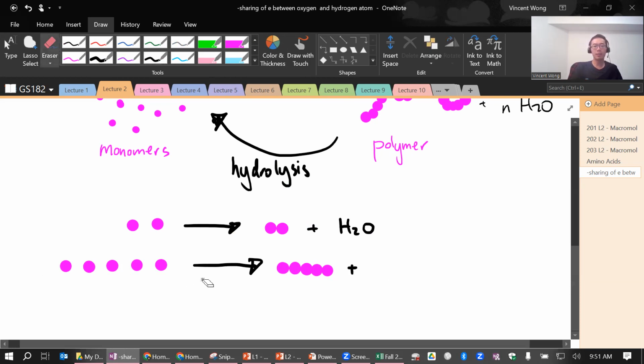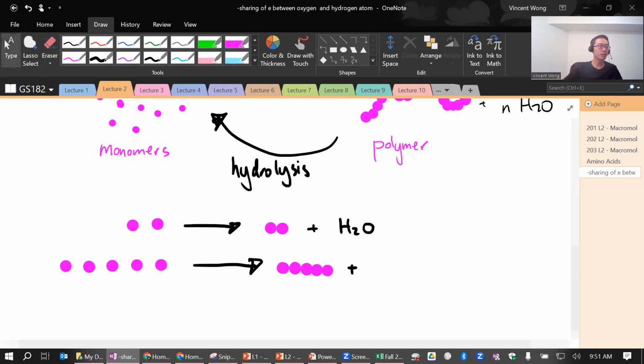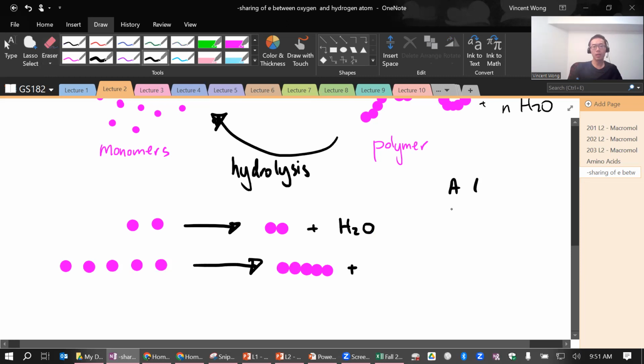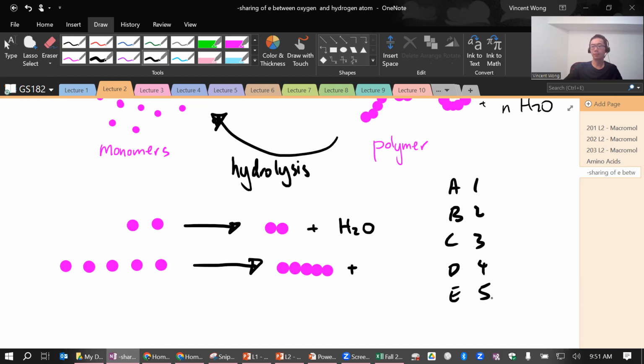How many water molecules if I need to connect 5 monomers together here? Okay, let's do a poll. Let's see what you think. A is 1, B is 2, C is 3, D is 4, E is 5. How many water molecules will come out?